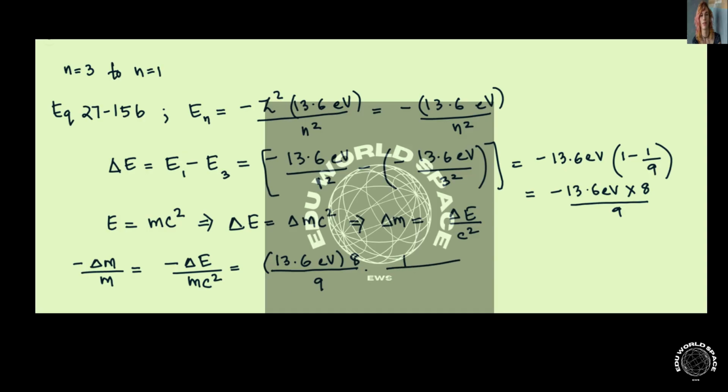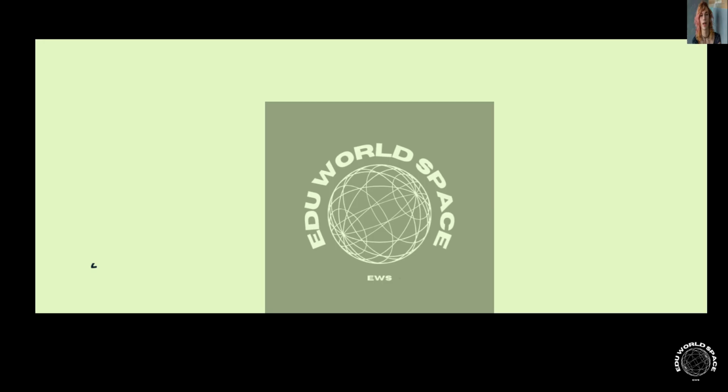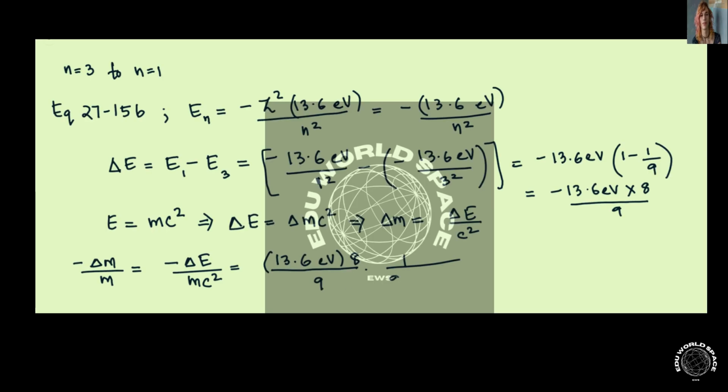So m c square for the hydrogen atom is basically 939 times 10 to the power 6 electron volt.